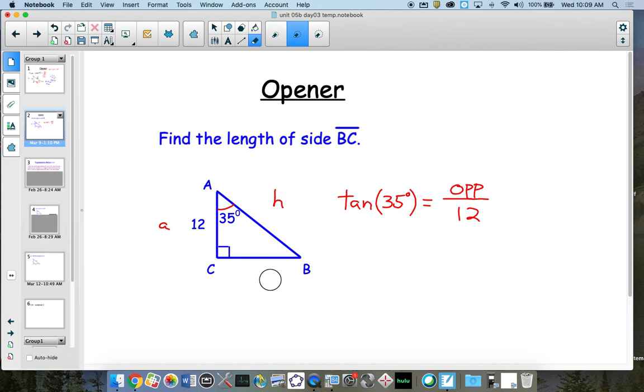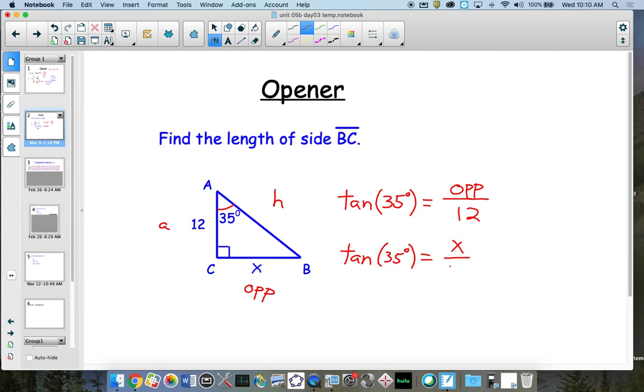So it might make it a little easier for you if we just call this side X. Let's do it in blue. We'll call that X. So then we still know this is the opposite leg. Okay, so what we have here now is tangent of 35 is equal to x over 12.